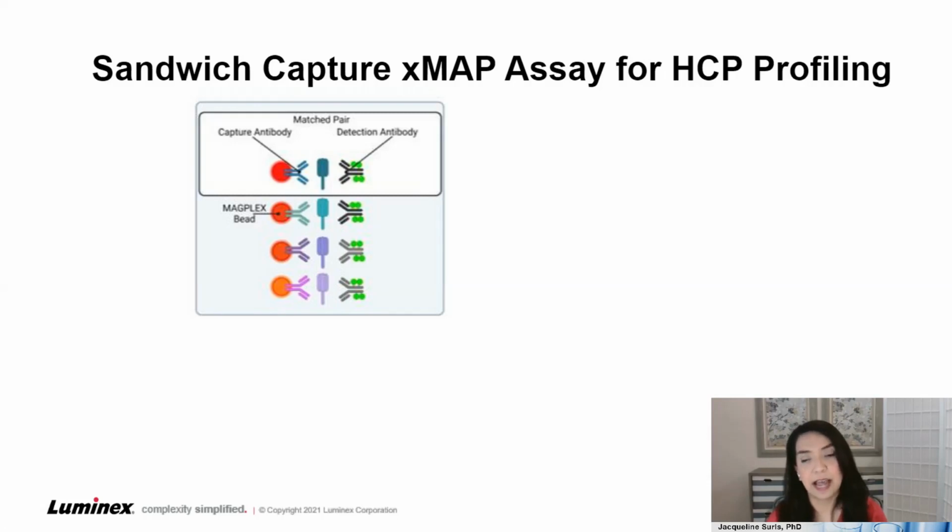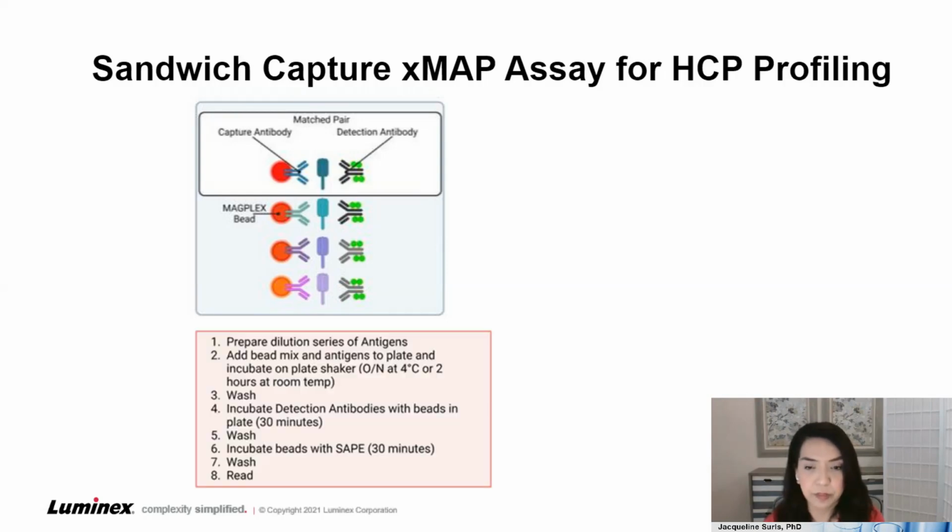So if you're looking for better sensitivity, this is what you'll often see with our xMAP technology. One of the things we hope to better understand is if this will suit your needs, if you're wanting to profile more HCPs, and perhaps this is of interest during the different stages of your production cycle.